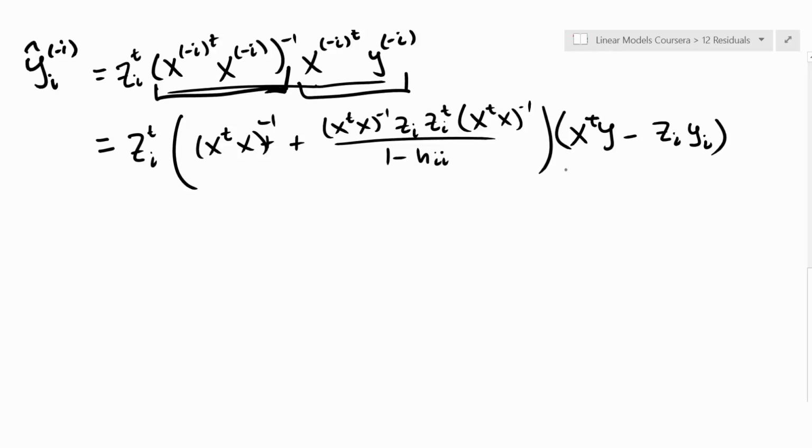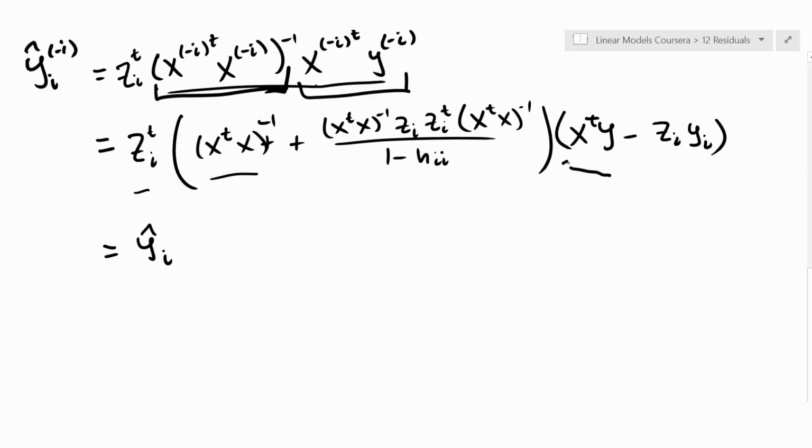So when I take this quantity and multiply it by (X^T X) inverse and multiply it times that quantity, I get good old-fashioned ŷ_i, the fitted value for the ith data point where the ith data point was actually included in it.